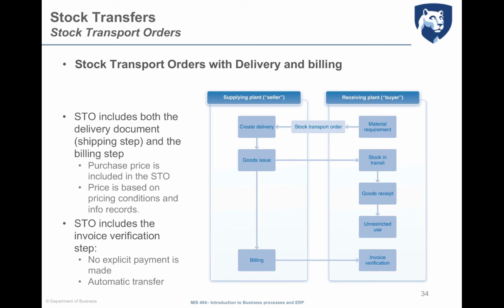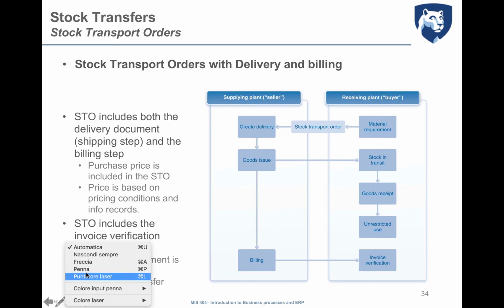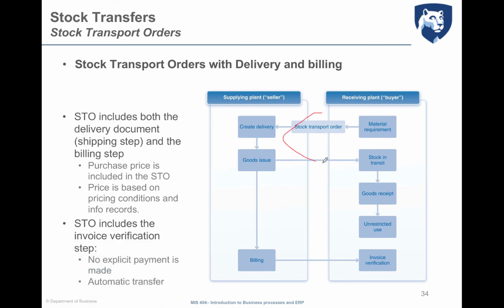In particular, in the figure you see how this takes place with the two-step procedure. So a stock transport order is created at the receiving plant in response to the need to acquire some materials.